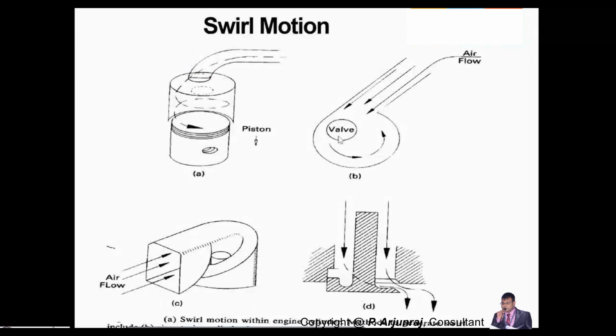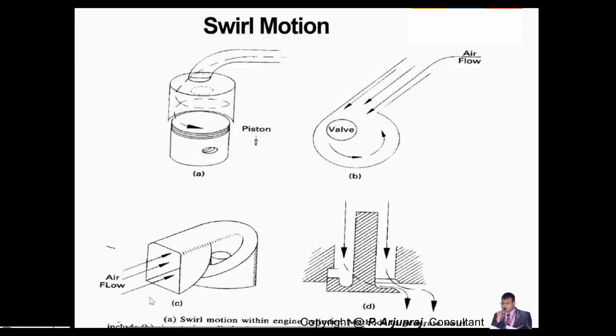You have different valve and port configurations, because of the two-stroke engine. How the air is entering the cylinder, maybe in a tangential direction. You see, the air is entering in the tangential direction and reaching the combustion chamber.